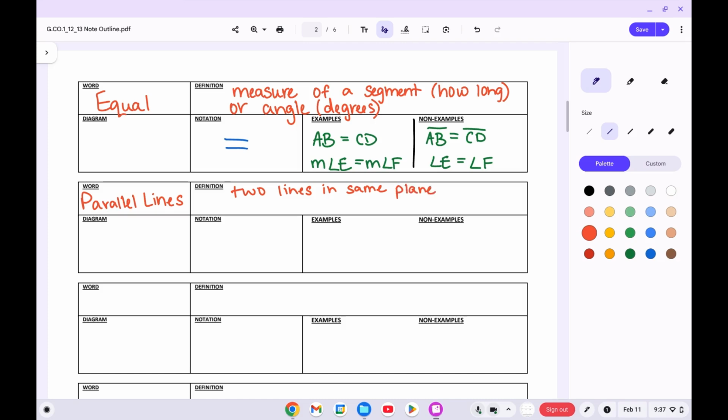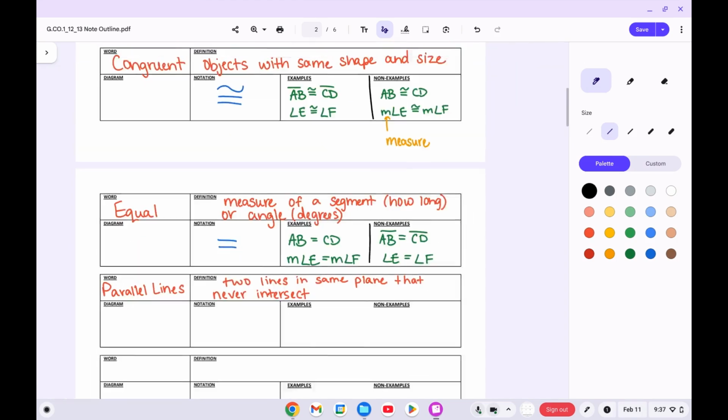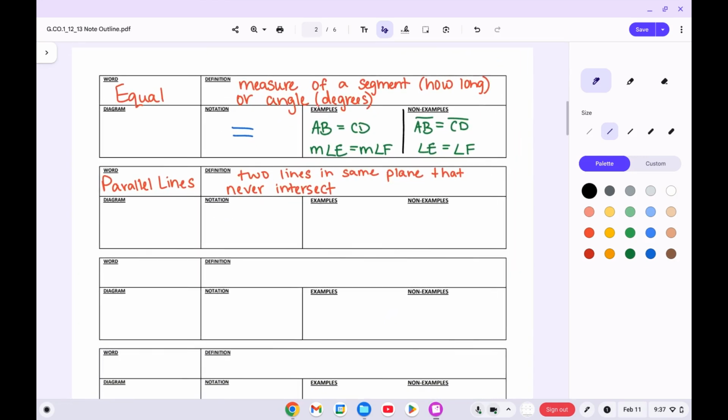Remember, that just means they're in the same space, or you could even think about they're on the same graph, that never intersect. Okay, I'm going to draw an example here of parallel lines.